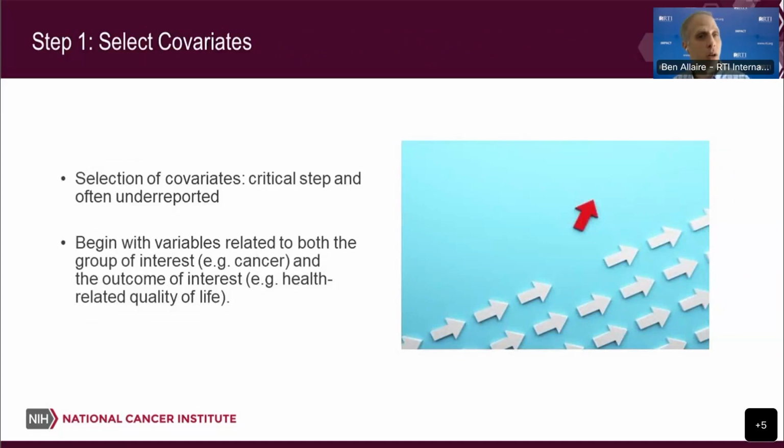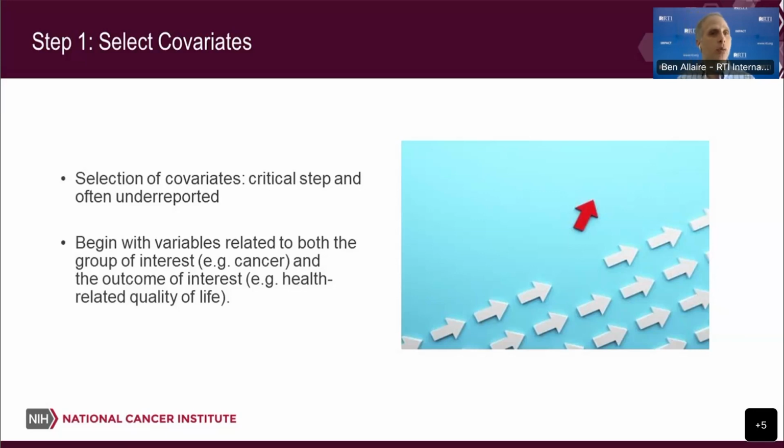So the first step in conducting a matching or weighting and selecting your comparison group is to select your covariates. In the literature, this is a critical step, and it's often underreported in terms of the motivation for selecting those. So what kind of covariates should I look for? What you want to start with is variables related to the group of interest, so related to cancer for our purposes, and then also the outcome of interest.